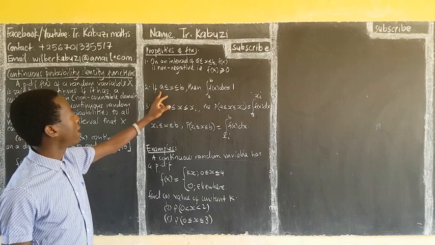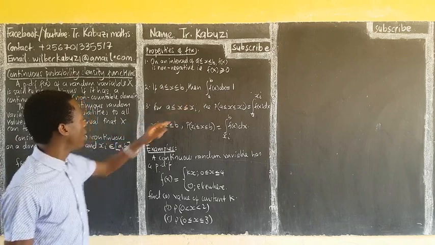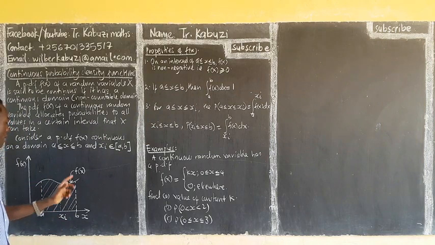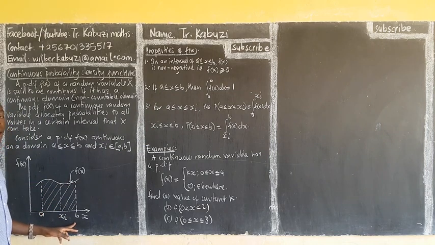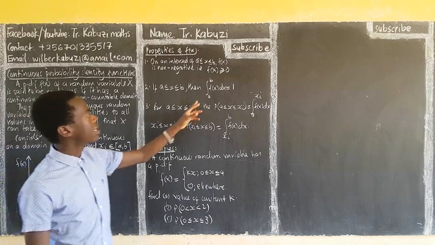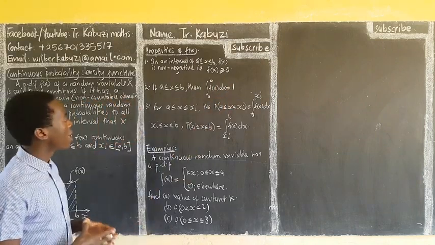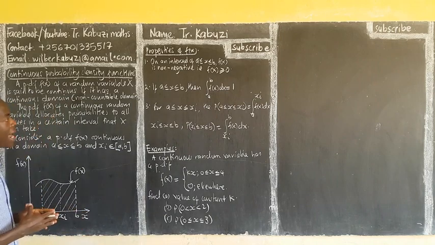If this is the interval, then when we interpret the area under this f of x from A to B, and if this A to B is the interval that f of x takes, then it means that when we interpret all the probabilities, we get 1. So that's the idea there.